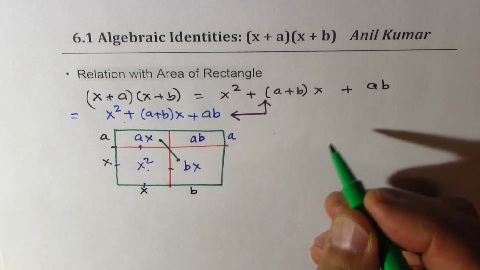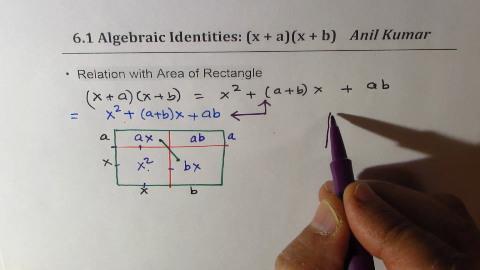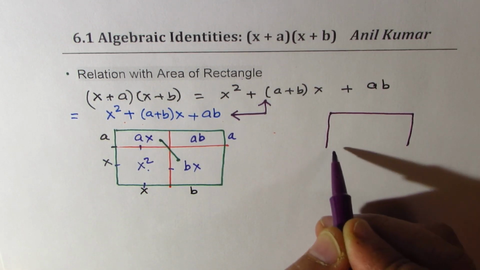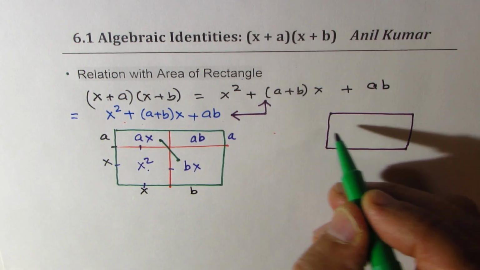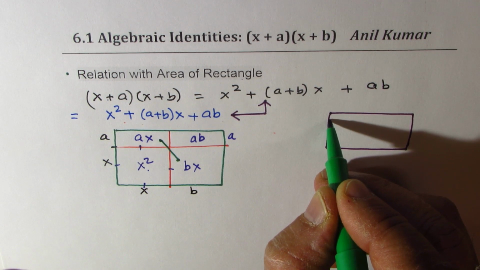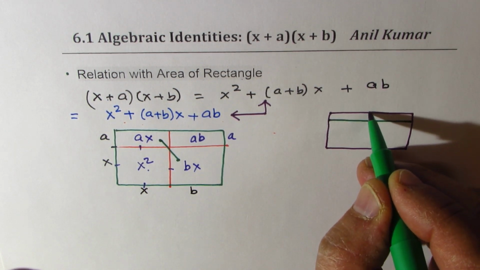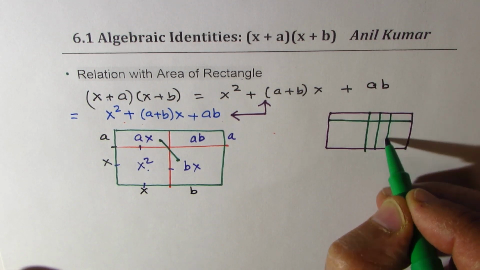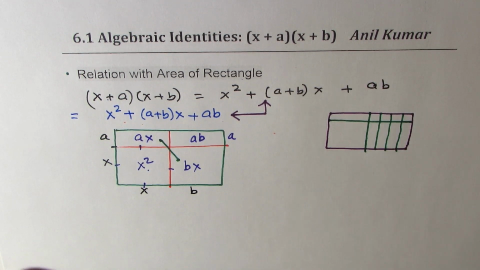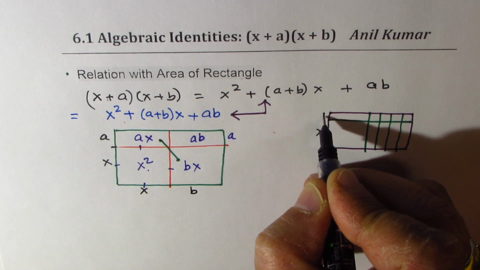So it is to say that sometimes if I have a rectangle like this, let me draw another rectangle here, right? So I'm making a smaller one this time, okay. And if I divide this rectangle like this, and these are lines like this, 1, 2, 3 and 4. Then I could write this rectangle as, this is x, this is 1 unit.